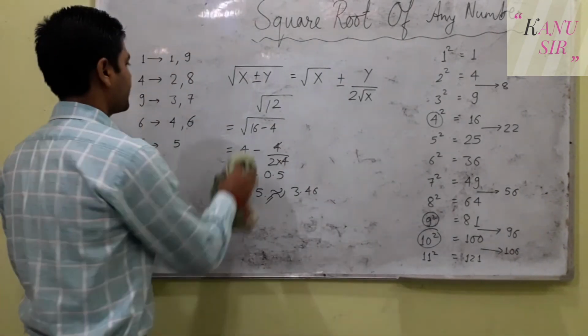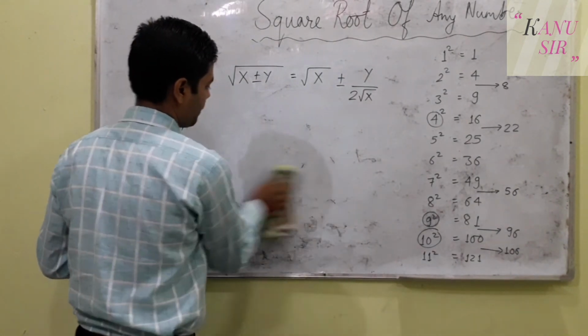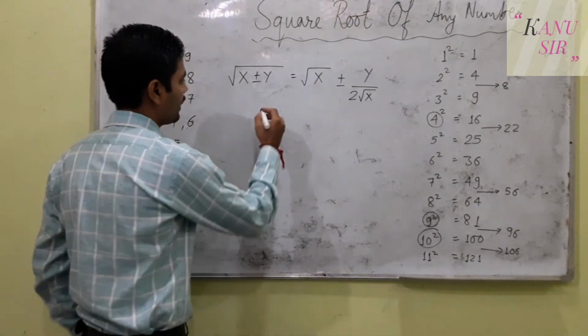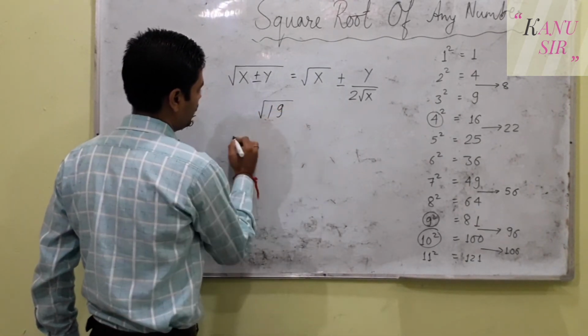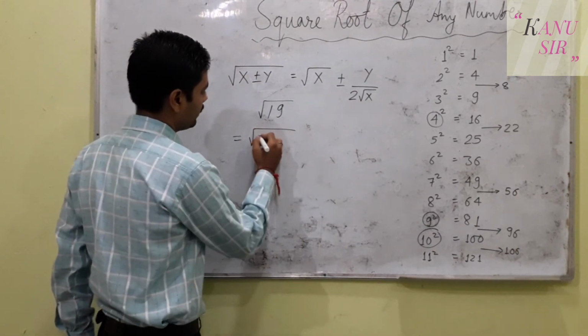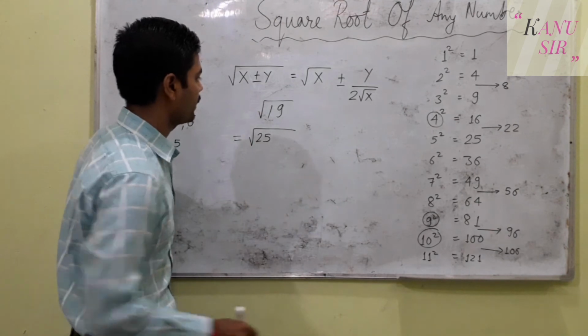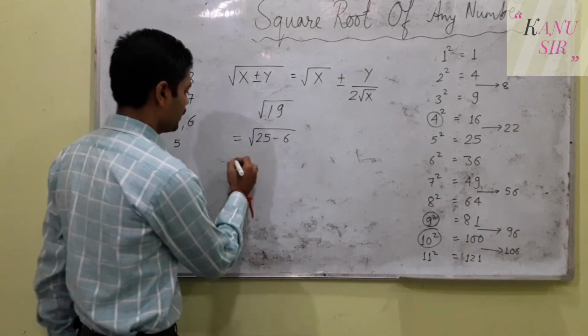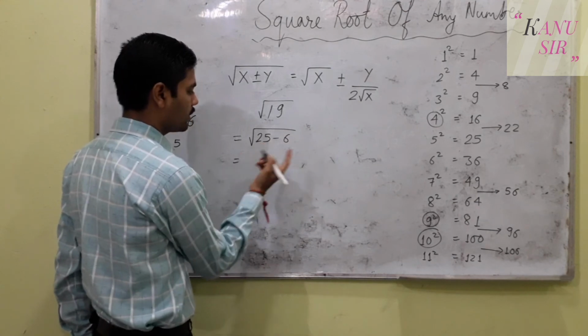Similarly, let us take any other example, that is root 19. The nearest square number to 19 is 20, okay let us take 25. Then minus 6 will make 19. So 25 is the square of 5.